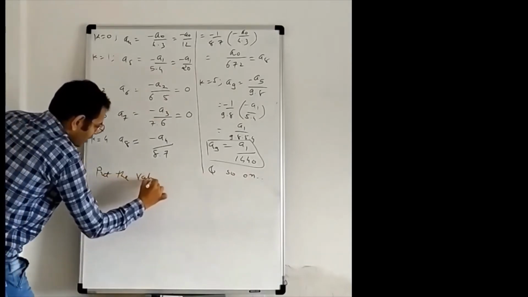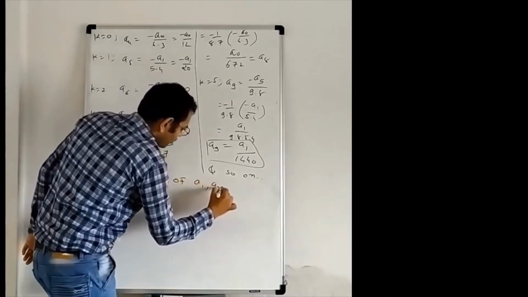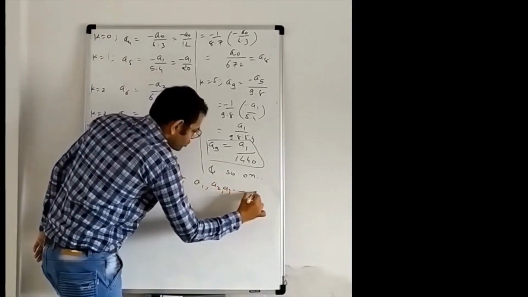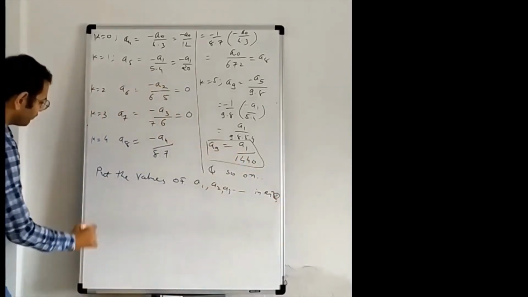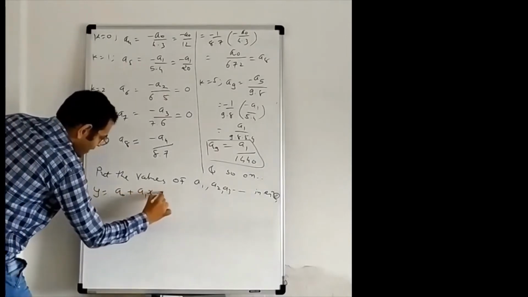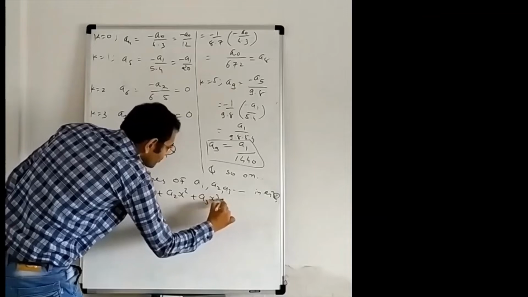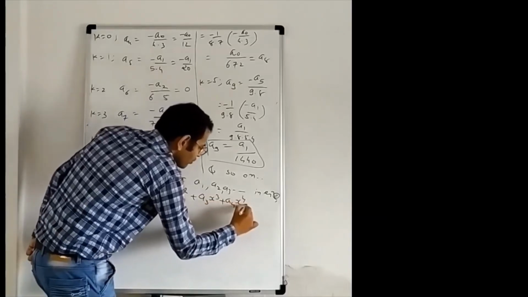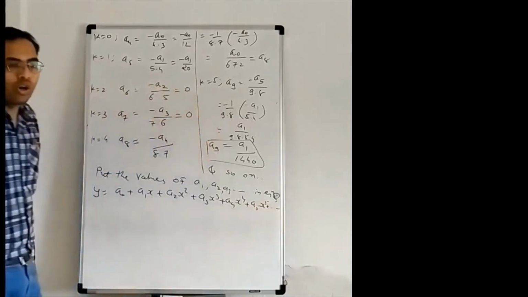Put the values of A1, A2, A3 and so on in equation 2, which is y equal to A0 plus A1x plus A2x square plus A3x cube plus A4x raised to 4 plus A5x raised to 5 and so on.